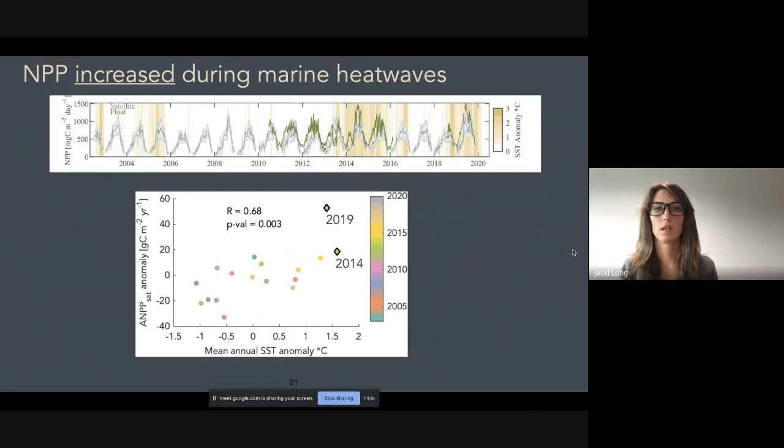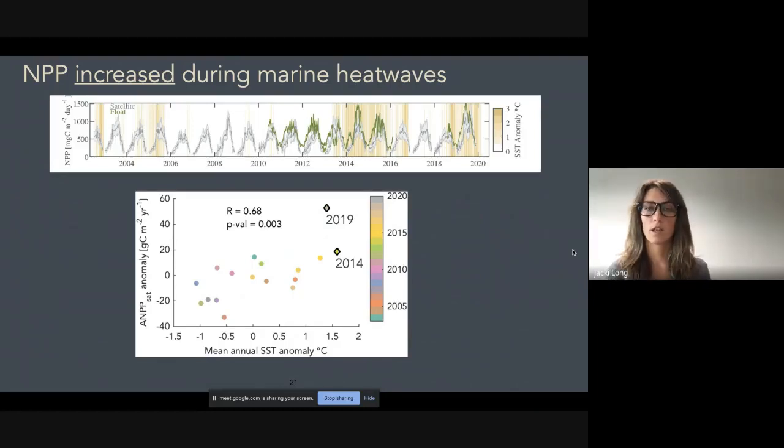And the most interesting thing that sticks out now is the year following the first winter of anomalously warm waters, we see a major increase in NPP. So for example, in 2014, and then in 2019, we see a major increase.